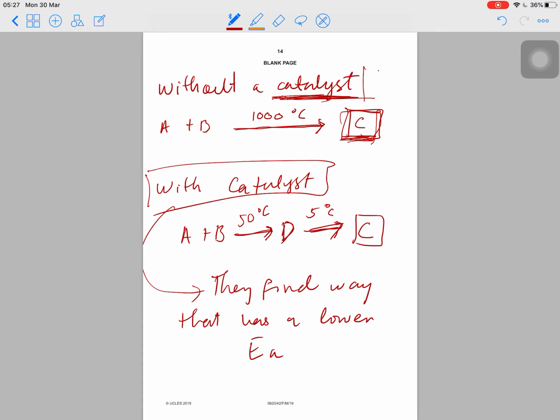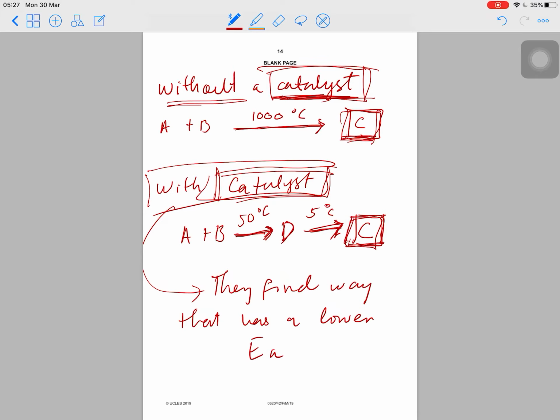Okay, so that is why you are adding a catalyst. When you're adding a catalyst, the catalyst will find a way, but that way will lead to the same product, and that way has a lower activation energy.